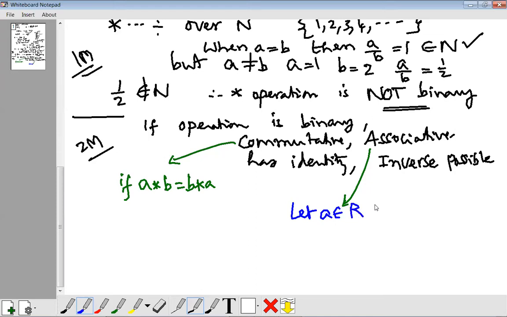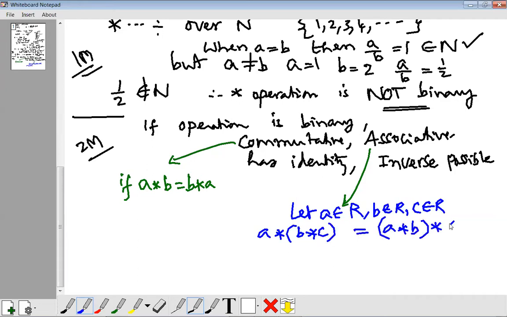It can be R or whatever, and all belong to the same set. It can be rational numbers or real numbers or natural numbers. Then (a star b) star c equals a star (b star c). Whether you associate b and c first or a and b first, you still get the same result. Then we call the operation associative. So the operation is commutative or associative.